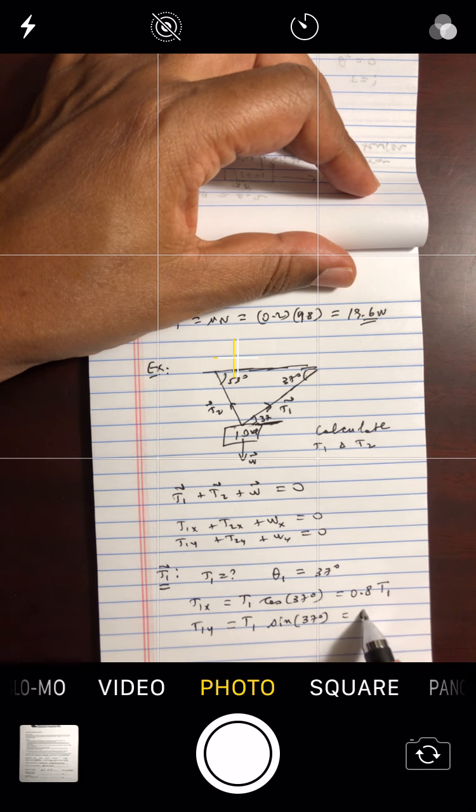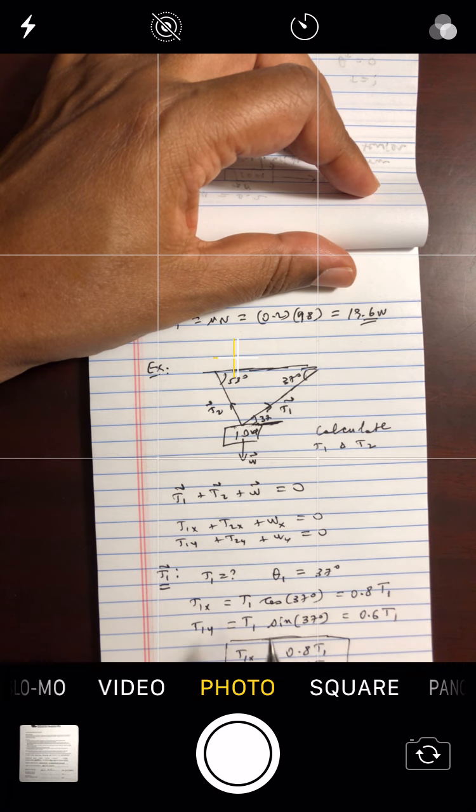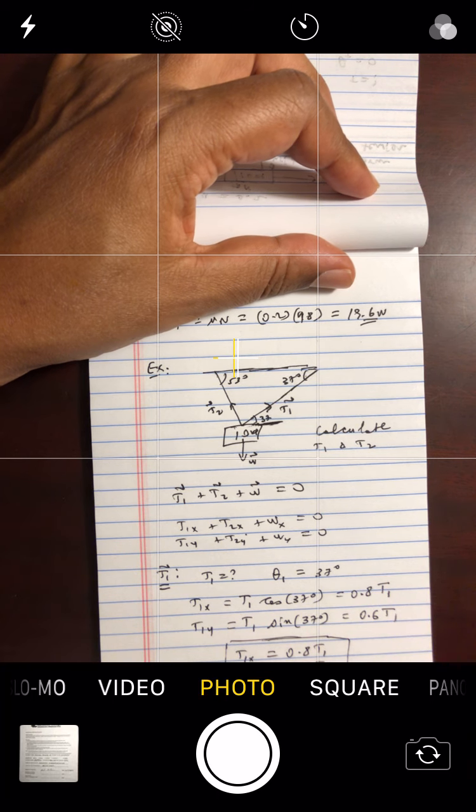That is 0.6 T1. Okay, so we have expressed the components in terms of the magnitude. T1x equals 0.8 T1 and T1y equals 0.6 T1. We're going to need these expressions when we apply these equations over here.